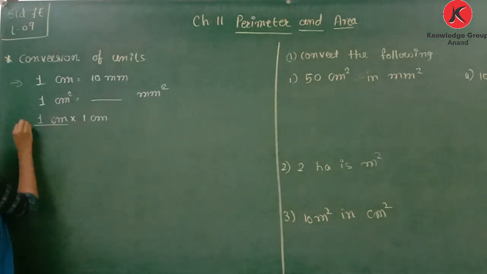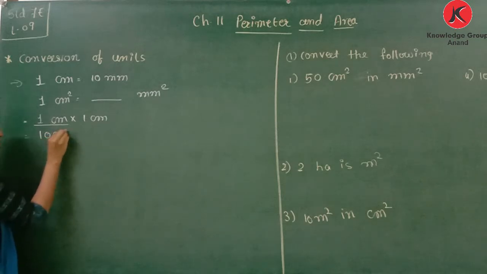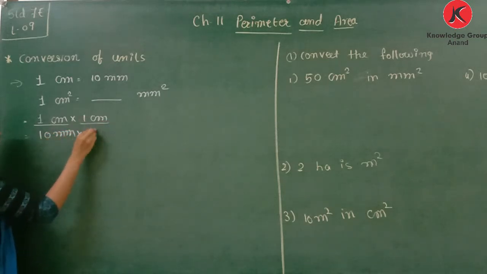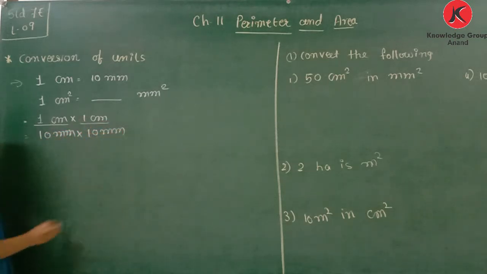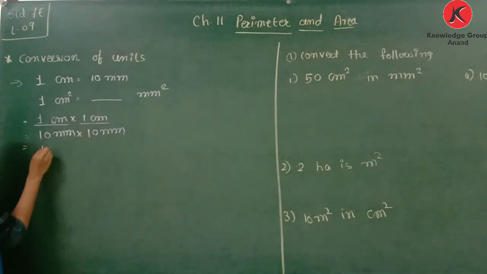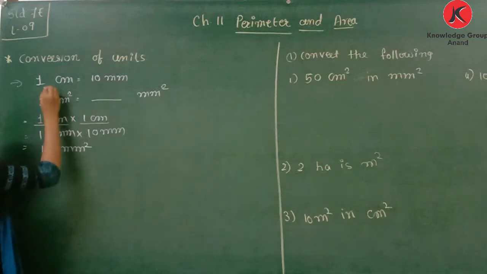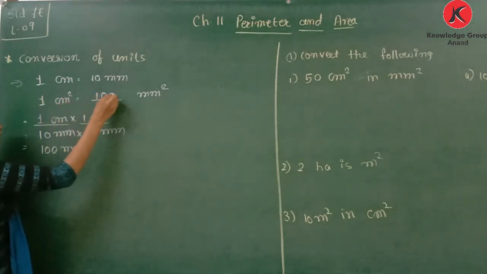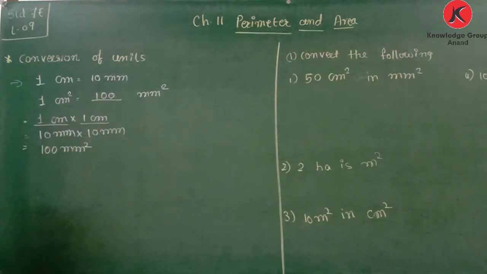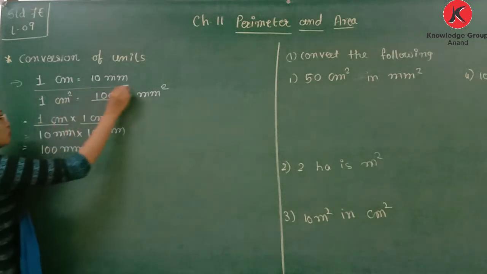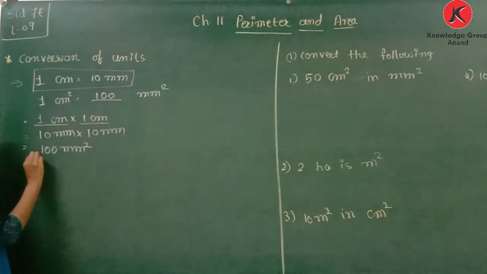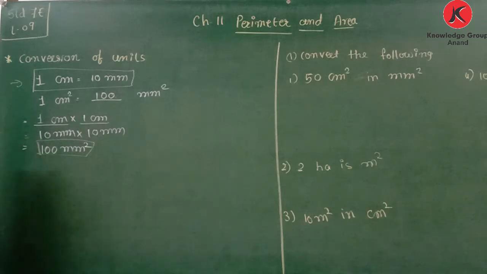Now this 1 centimeter represents 10 mm and this is also 10 mm. So it is 10 multiply 10, that is 100 mm square. So 1 centimeter square will be 100 mm square. Clear? So from the basic units we will derive the units that we will use in area.